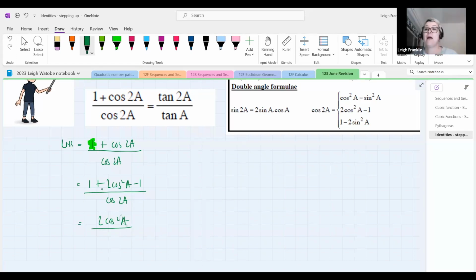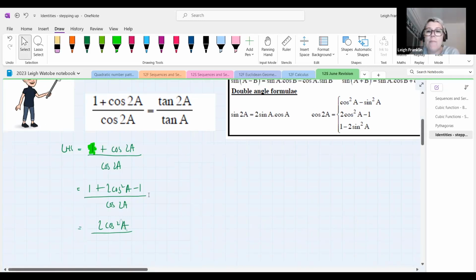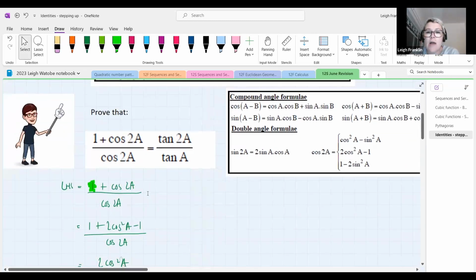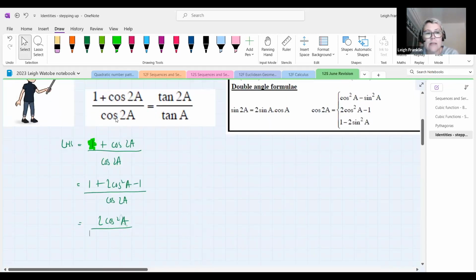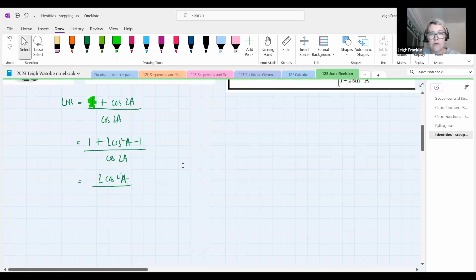What would you do? I think, ma'am, use the compound formula. Compound formula. Okay, but I don't have a compound angle here. So I don't have cos A minus B or cos A plus B or sine A minus B or sine A plus B. I've got a double angle. I've got a cosine double angle. I've got cos 2A. Okay.